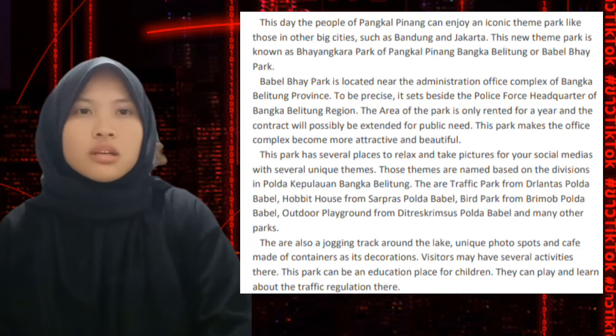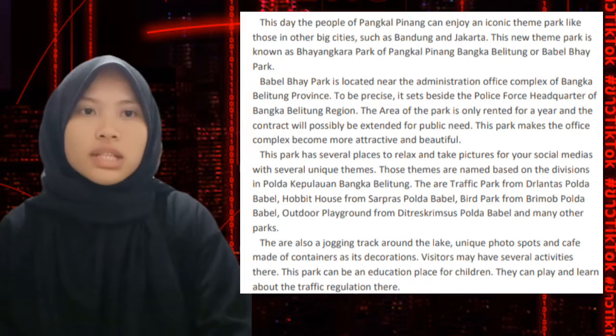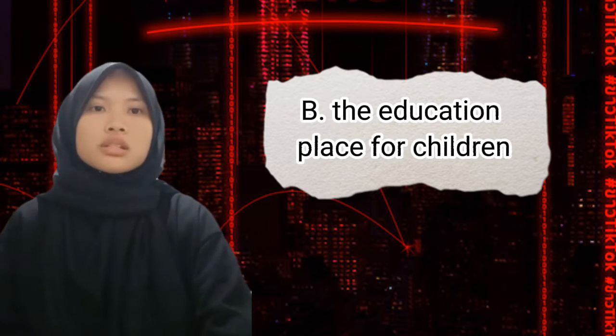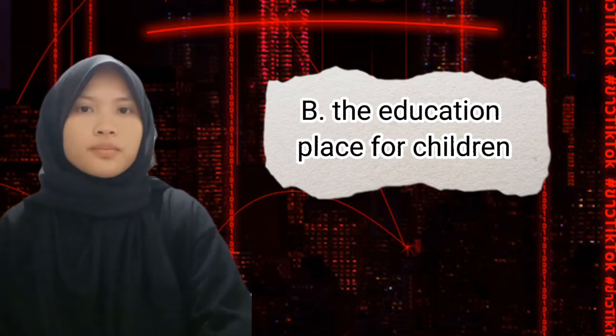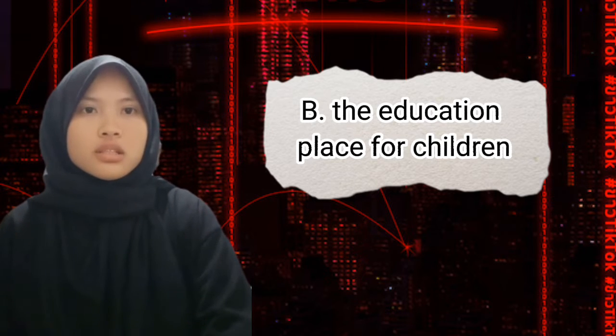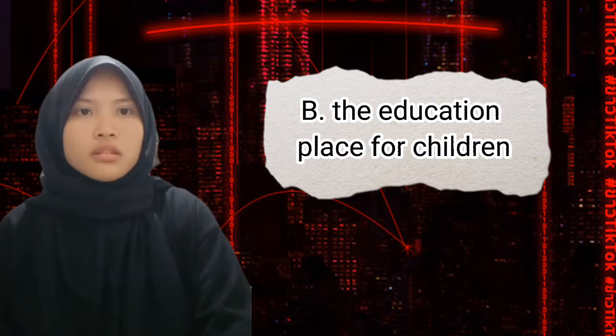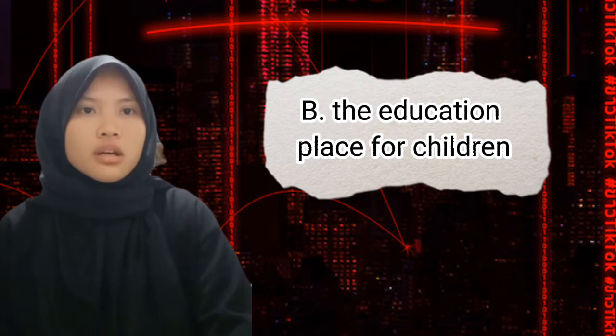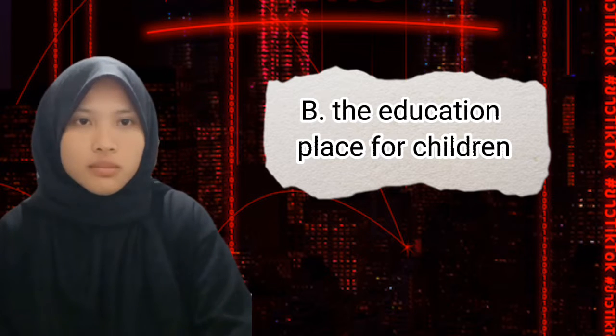So, according to these two last sentences, we can conclude that the interesting thing for the place is B, the education place for children, because this is the conclusion for all of the interesting things in Babel Bay Park.